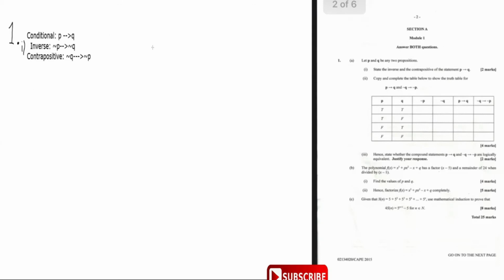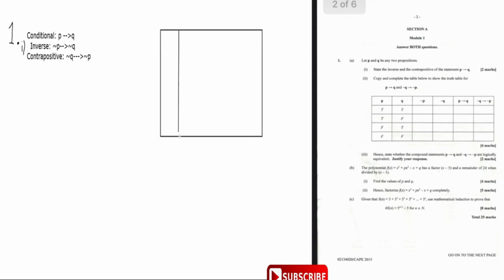So first let's complete the table. Let's put the table here. We have our two propositions P and Q. Then we have not P in this column.